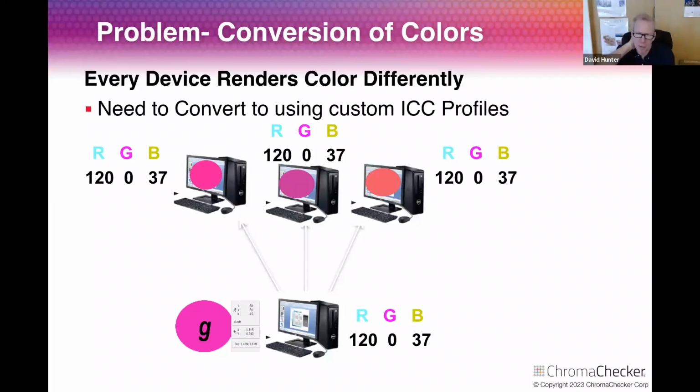Think of it, again, with my direction analogy, it's also like languages. The first display speaks French, the second display speaks Swahili, the third one speaks, we'll say, Spanish, and the original is in German. I've got to be able to convert from German to Spanish and Swahili and so forth, so I honor the intent of the color, which means the RGB values will change in order to maintain that shared color appearance.